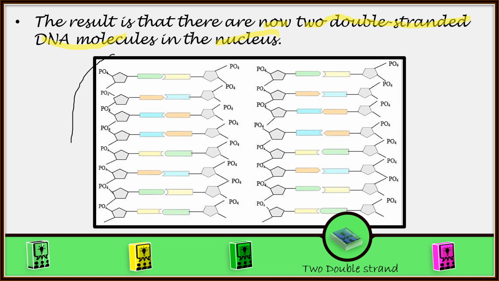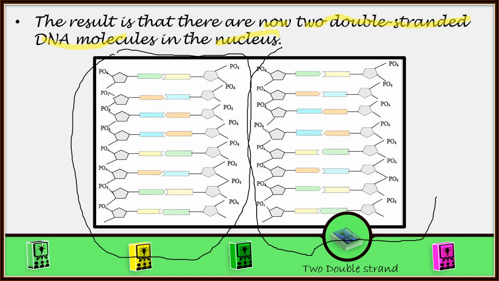So this one will become a double-stranded DNA molecule, and we have another one here, which is also a double-stranded DNA molecule. So in the nucleus now we have two double-stranded DNA molecules.